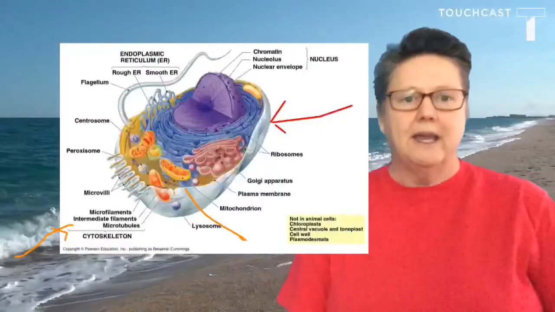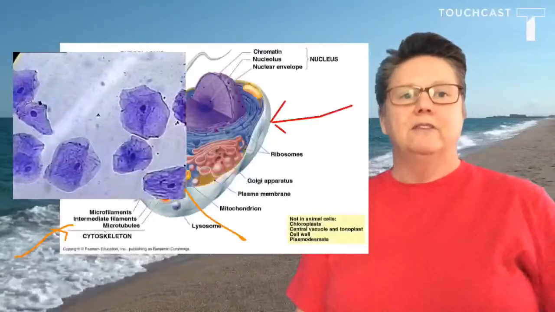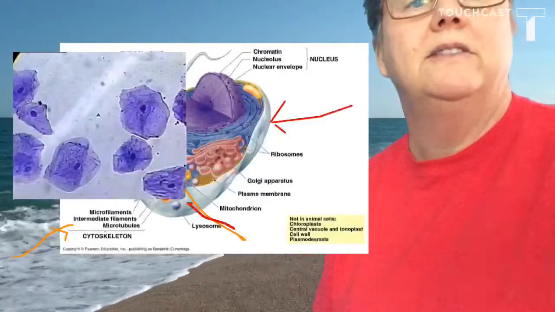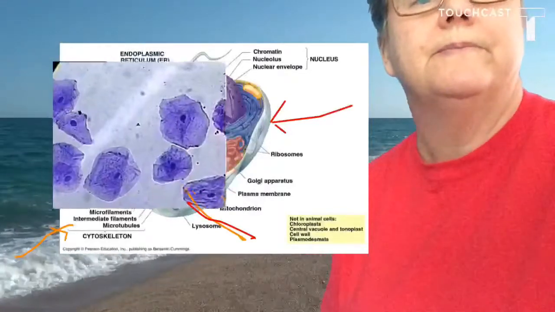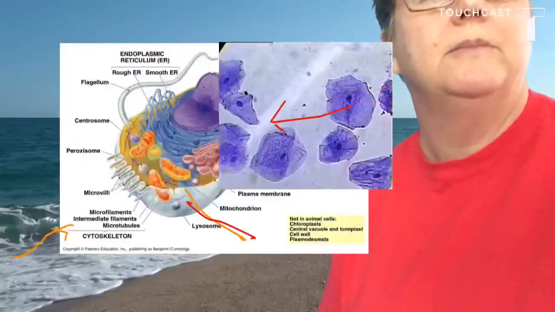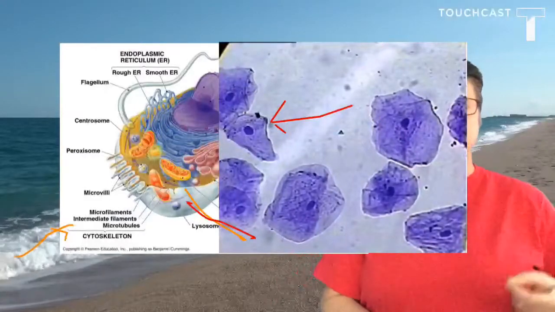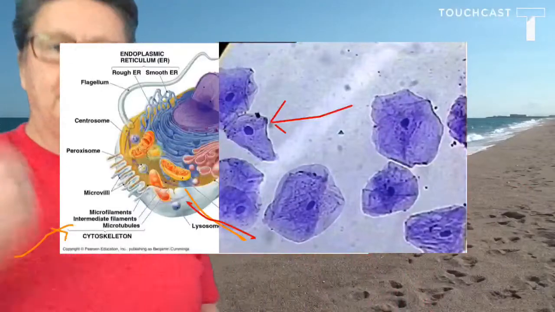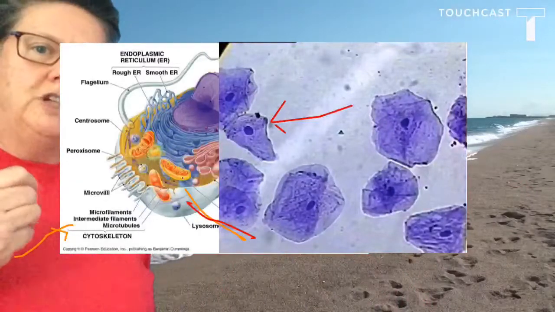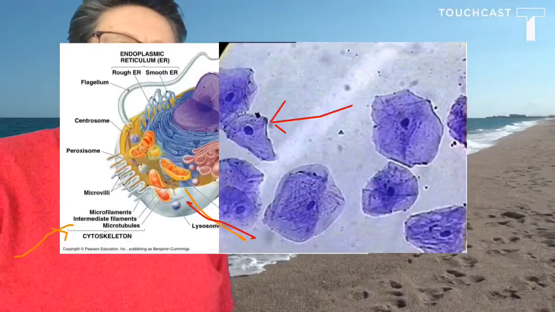So let's take a look at some typical animal cells here. And these are, in fact, human cells. These cells are cells of the inside of your cheek. And we're going to do this in lab: if you take a swab and swab the inside of your cheek and plate it out on a microscope slide, add a little stain, you will see these cells.